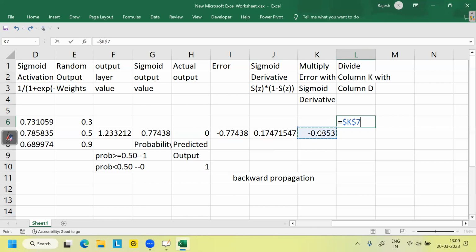Column K value is common, divided by column D, the hidden sigmoids. So divide column K with column D. Column D is your hidden sigmoids.